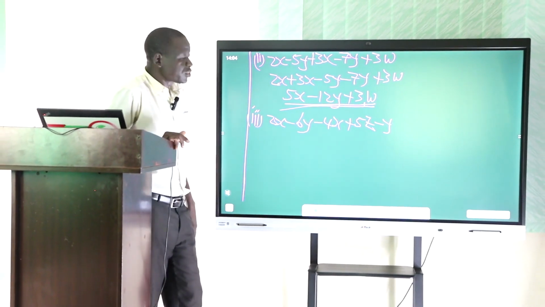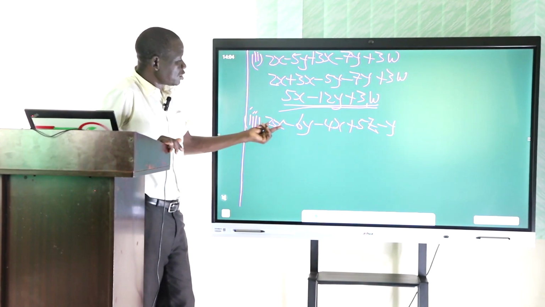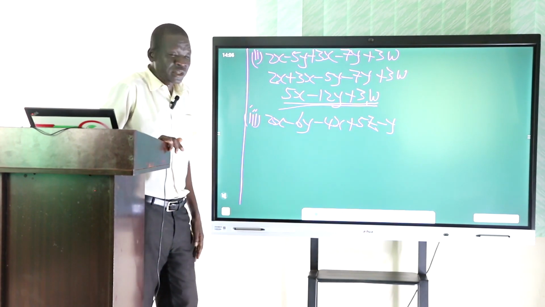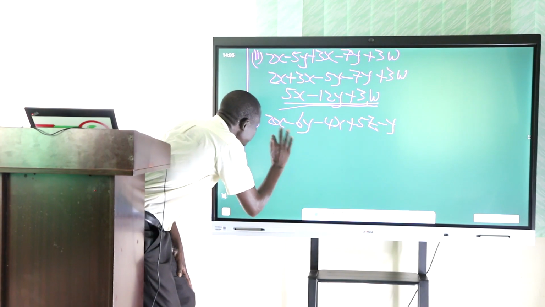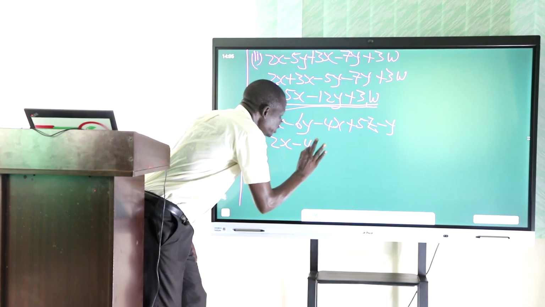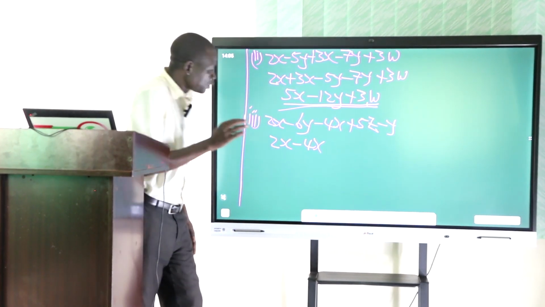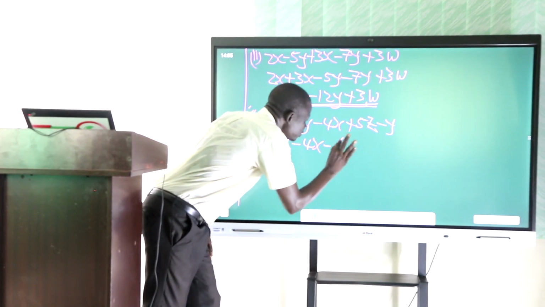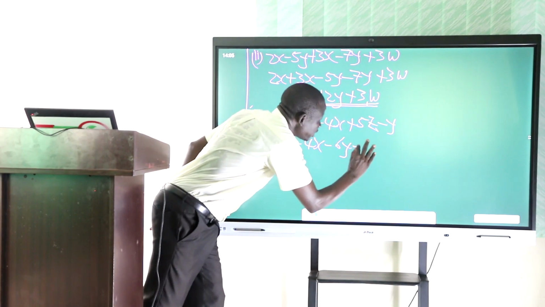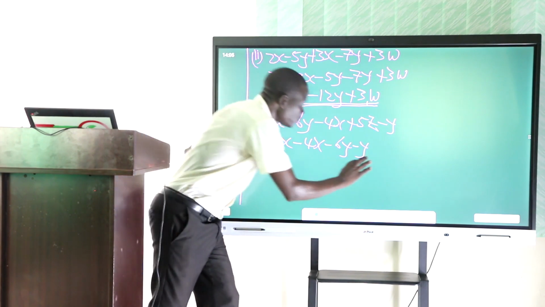So in this case, we also collect the like terms together. You can see that 2x resembles 4x. Bring them together, we shall have 2x minus 4x. Then bring the y's together also. We shall have negative 6y. Then bring the other y also near here, minus y. And lastly, plus 5z.